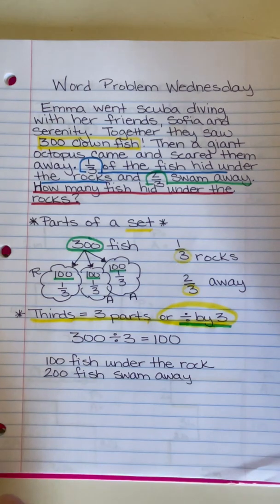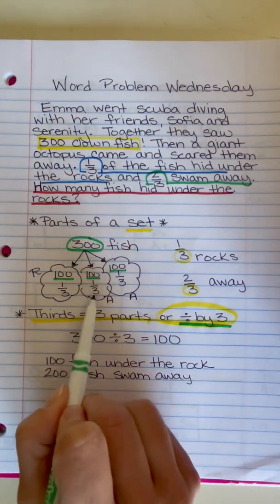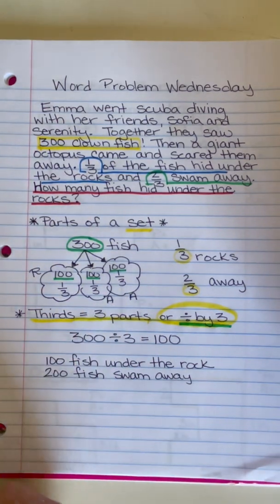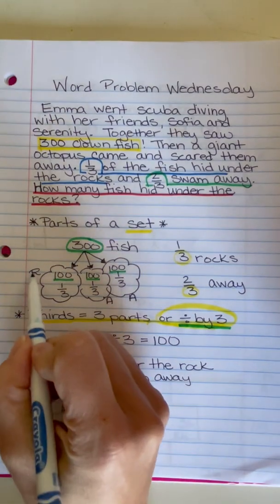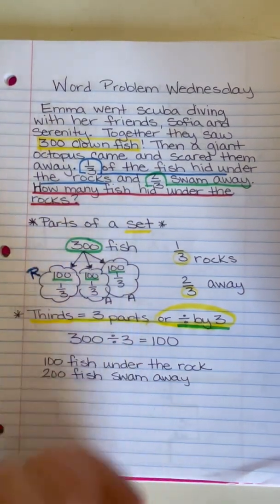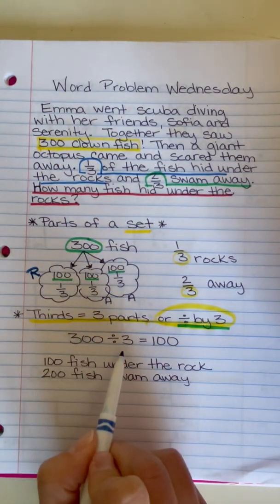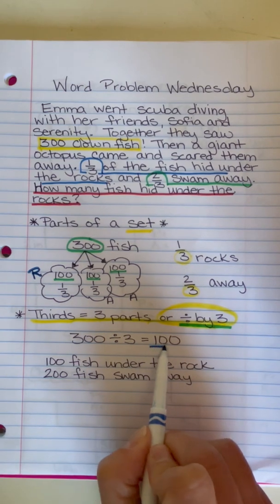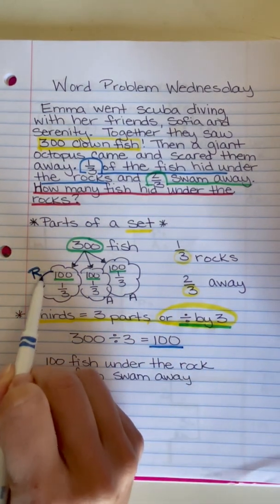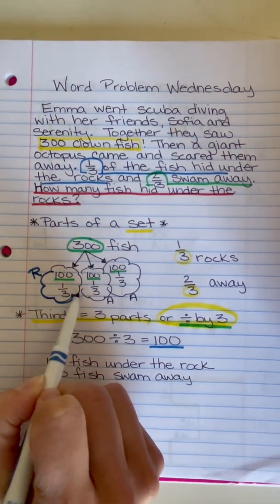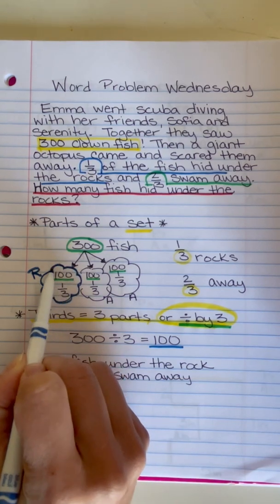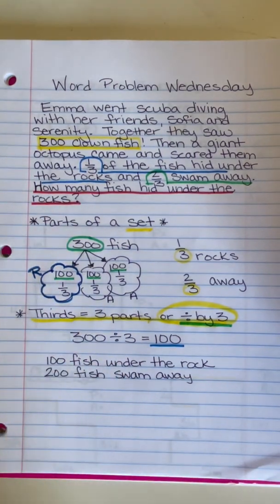Okay, each one of those pieces became a third. Right here, and I labeled it with an R. So 300 divided by 3 is 100, right? So that is 1/3. Look at that, fractions is the same as dividing.